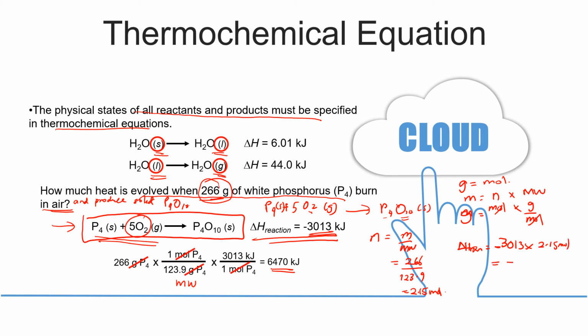Okay, so akan dapat negatif 6470 kilojoule. Okay, so saya lupa nak cakap. Dekat sini dia cakap heat evolve. Okay, heat evolve maksudnya adalah heat yang keluar tu. So kalau awak macam sebelum ni lah, bila dia cakap sebagai evolve, so you juga boleh letak dia sebagai 6470 kilojoule pun betul. Okay. Sebab dalam soalan dia memang cakap dia nak heat evolve. So heat evolve is Q yang keluar, so that's why dia adalah negative.